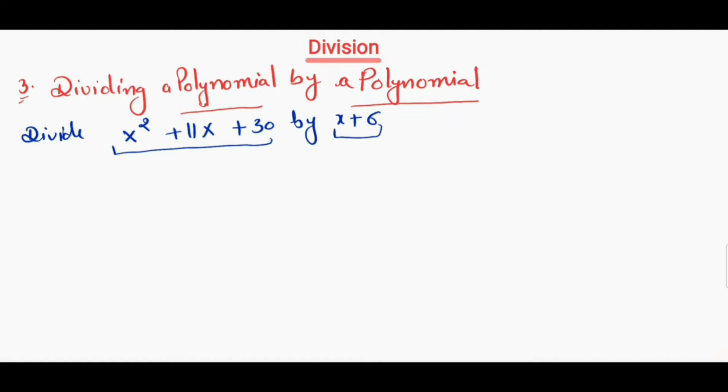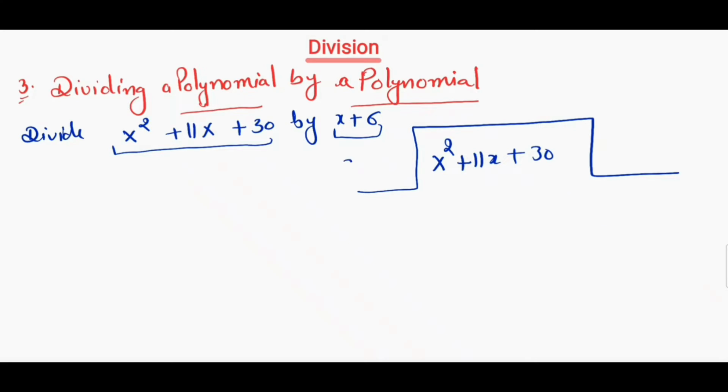So we can write this as x square plus 11x plus 30, and the divisor I will write here. First thing we have to do is see that here we have x square and here we have x. So we have to divide x square by x. If I divide x square by x, I will get x.